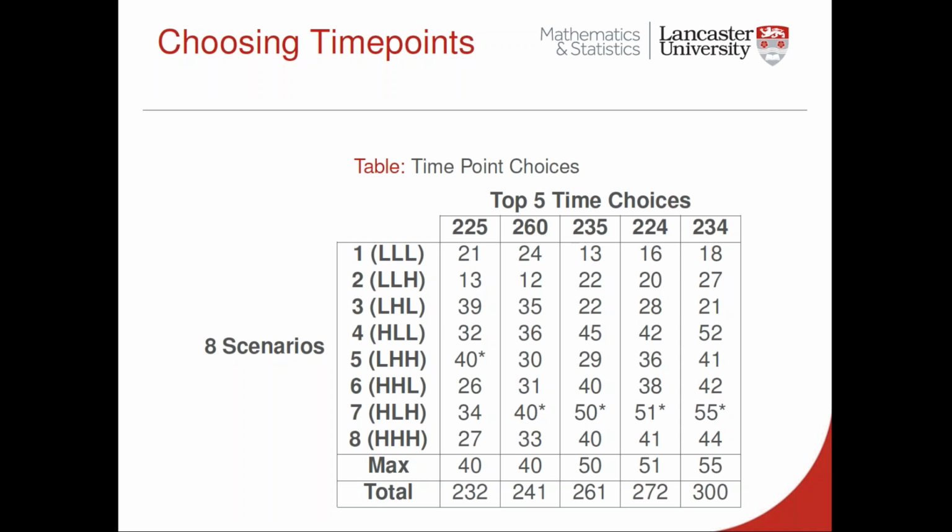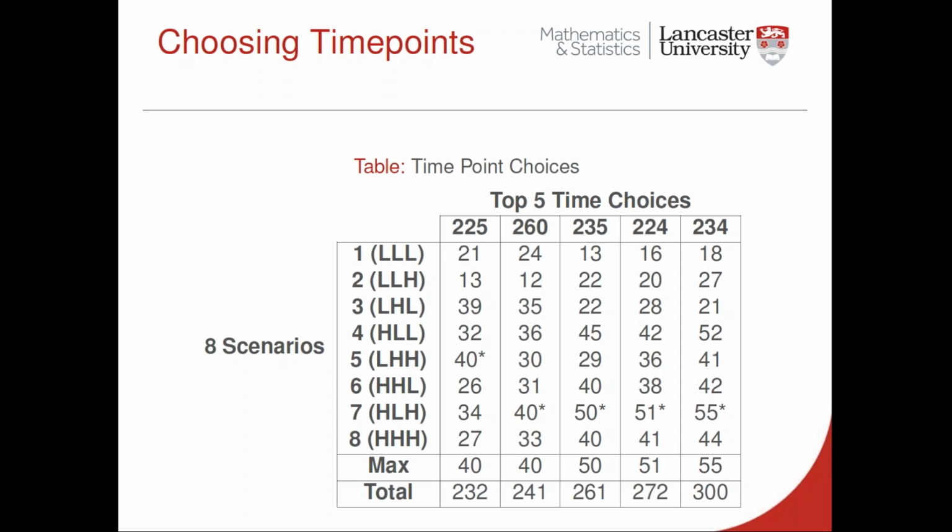And you'll see that, say, for time point choice 225, these numbers don't actually have any direct interpretation, this is just my placeholder for, this is the 225th combination of time points that I could be interested in. You can see that for the low variability scenario, this is the 21st best design that you could use. For the LLH scenario, so low variability, low variability, high variability, it's the 13th best choice, and so on and so forth.